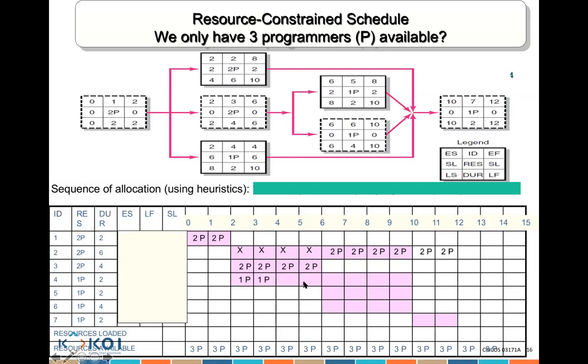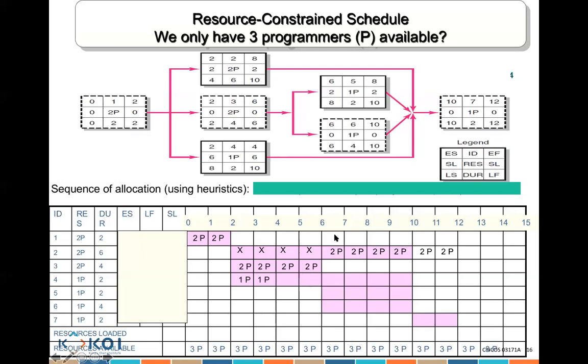Less, only 2 people. What does that tell you about activity 4? Can I delay it, yes or no? Yes, we can delay it. Even if I delay it, it's not going to have any problem on my project.